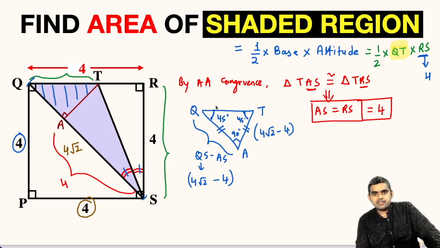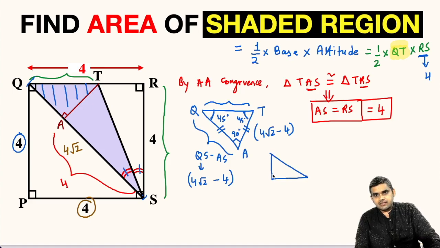And we are interested in finding the value of QT. Now this triangle QAT is an isosceles right triangle and QT is its hypotenuse. We know that if we have an isosceles right triangle, that means this is 90 degrees and this side is equal to this side, let them be A units, then the hypotenuse is equal to A root 2.